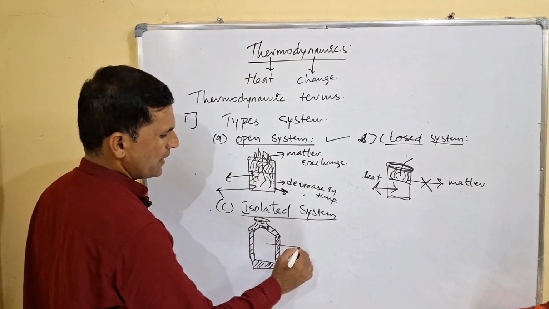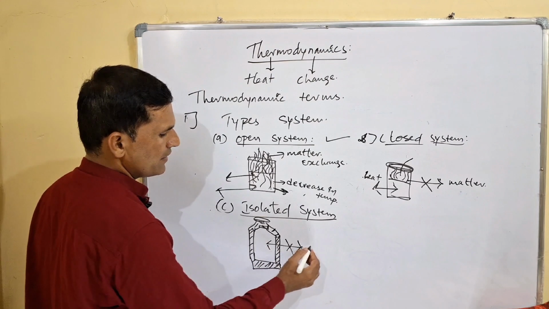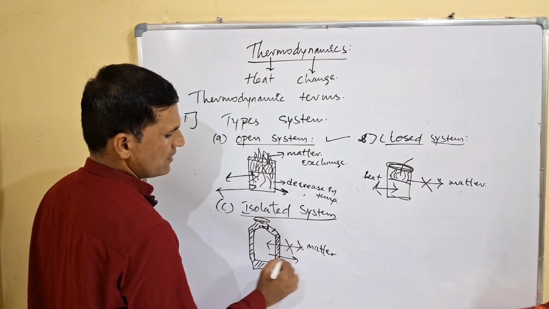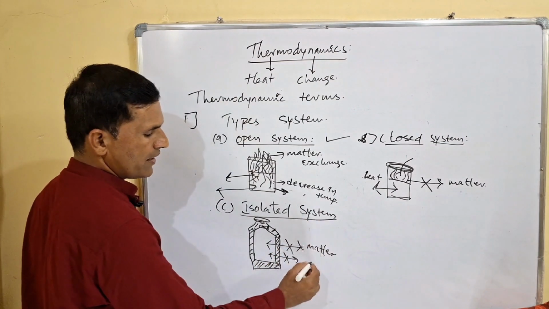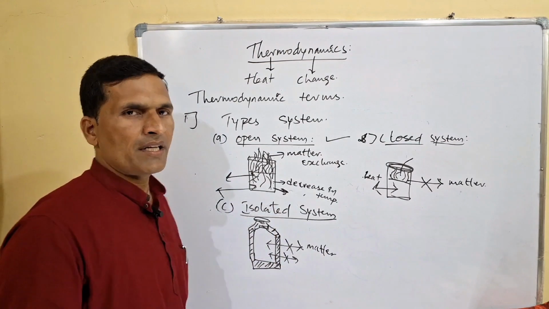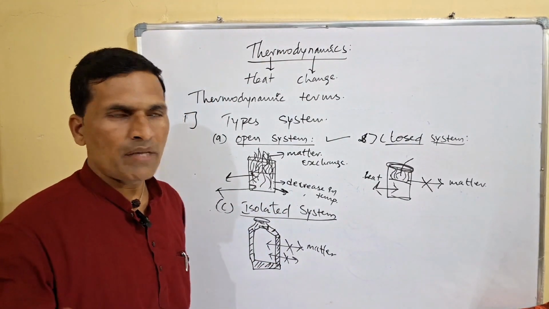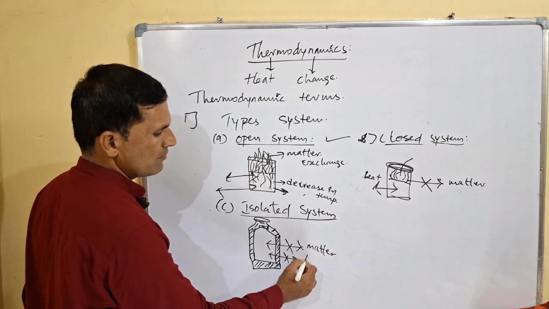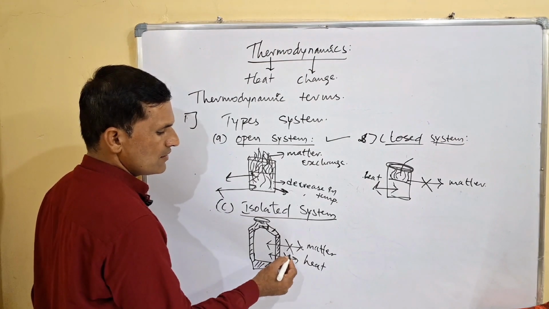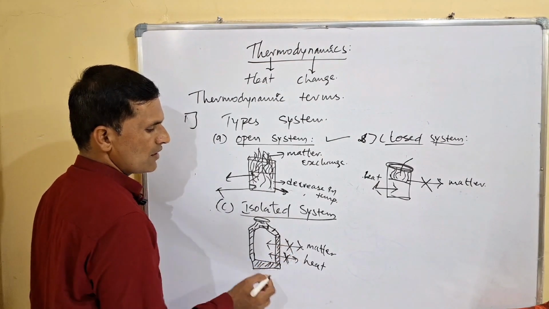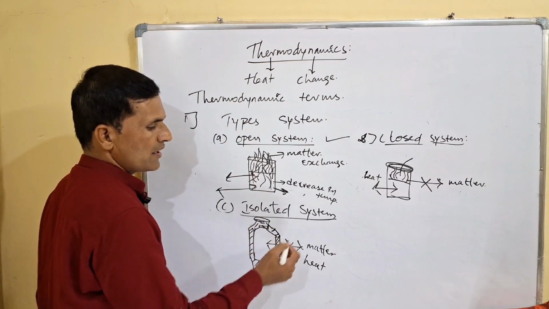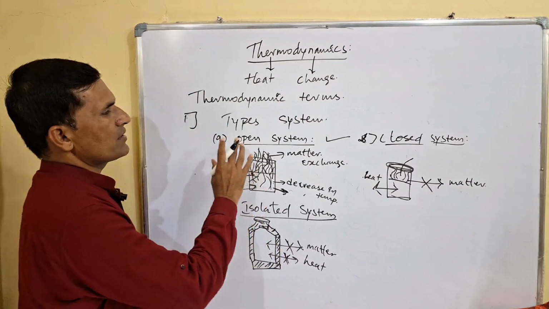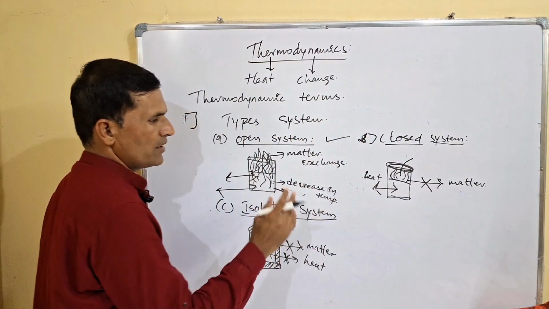So it neither exchanges matter with the surrounding, nor heat, because it remains hot for a longer time. If you keep hot tea, hot water or hot milk in a thermos flask, its heat is retained and it remains hot for longer. It is neither exchanging heat nor matter with the surrounding, and such a system we call an isolated system. So we have discussed the open system, closed system and isolated system.